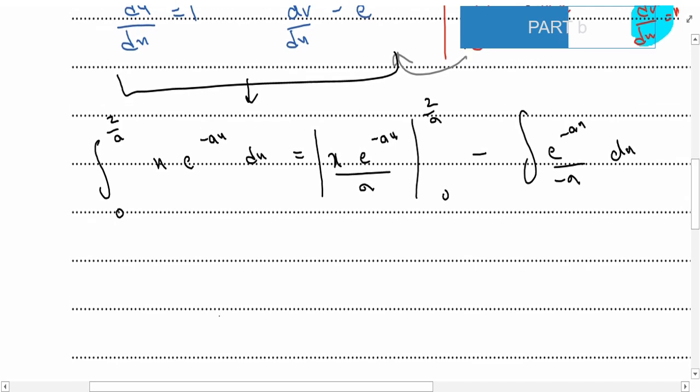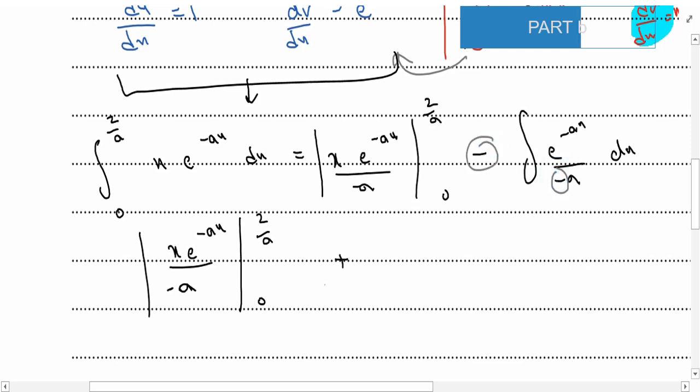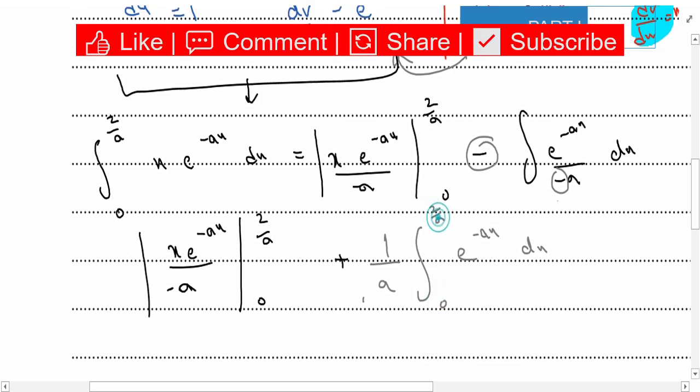This becomes x e to the power of minus ax over minus a, limits 0 to 2 by a, plus, because this minus sign and this minus sign get multiplied and we get a positive sign, 1 over a, which is outside the integral, times the integral of e to the power of minus ax dx, with limits from 0 to 2 by a.